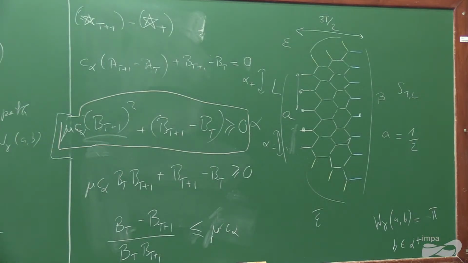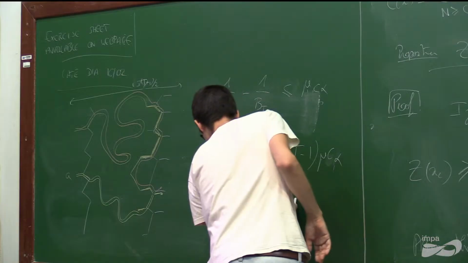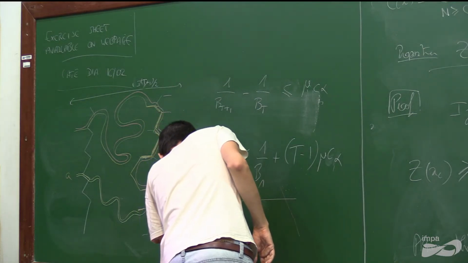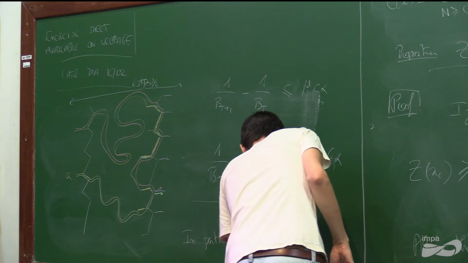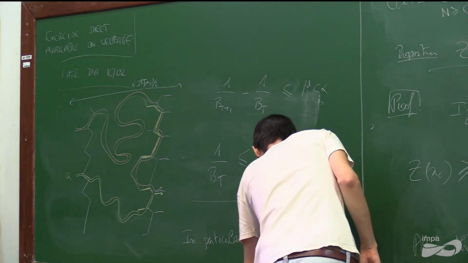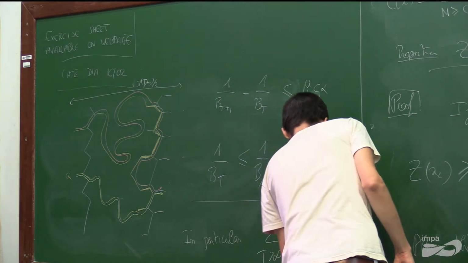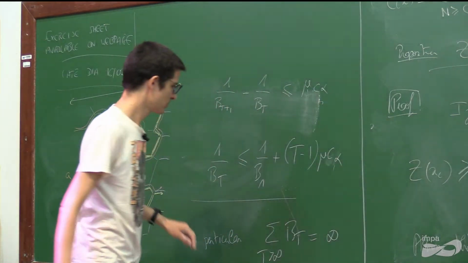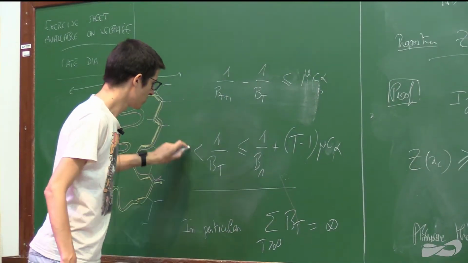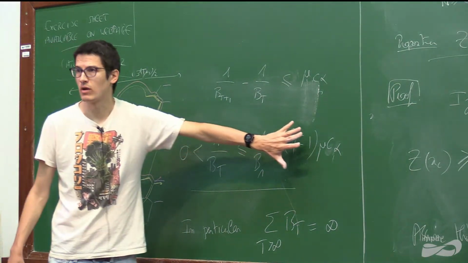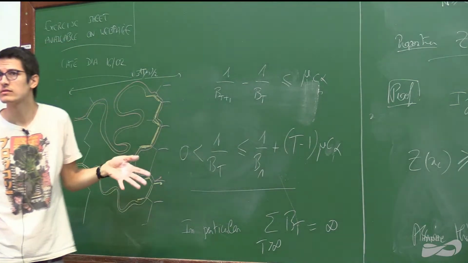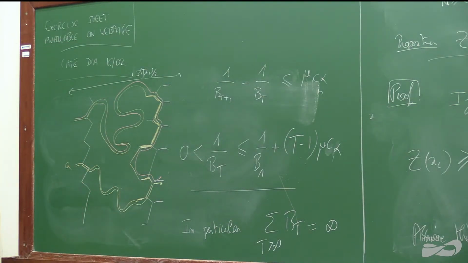So in particular, the sum over BT is equal to infinity. When you take the inverse of this, you get something like 1 over T. So you get a sum that blows up. I mean, not by much, but it blows up.